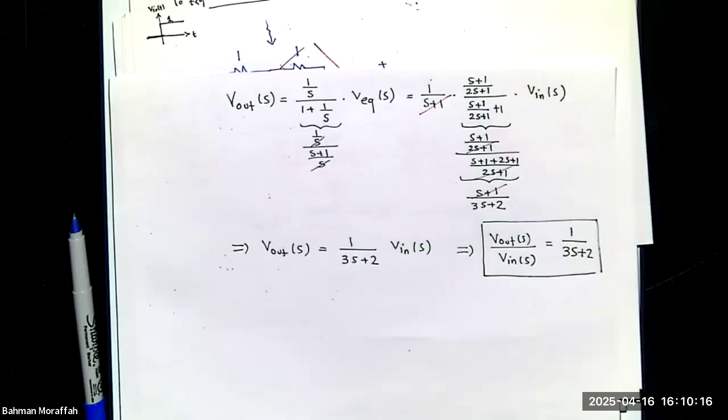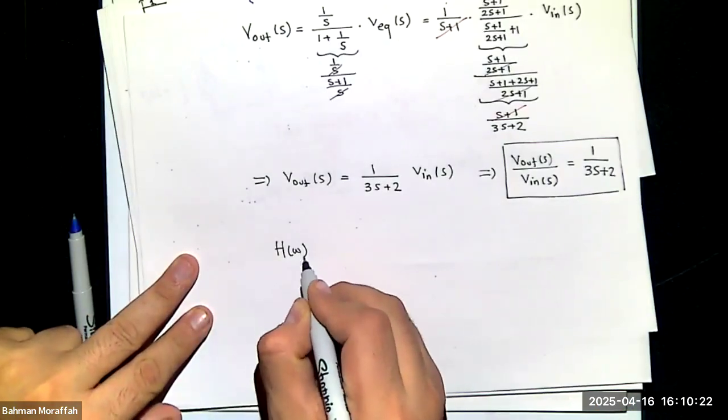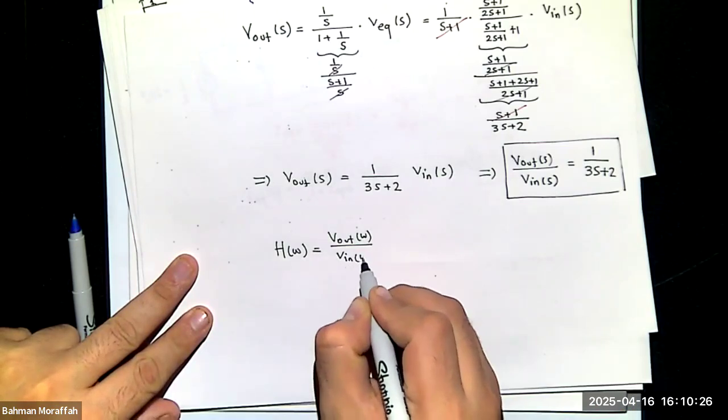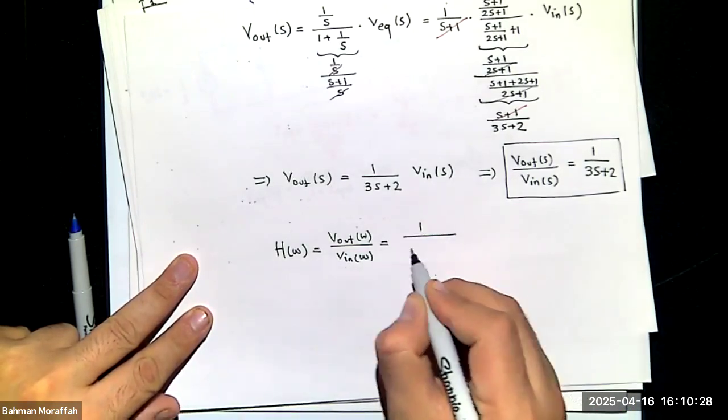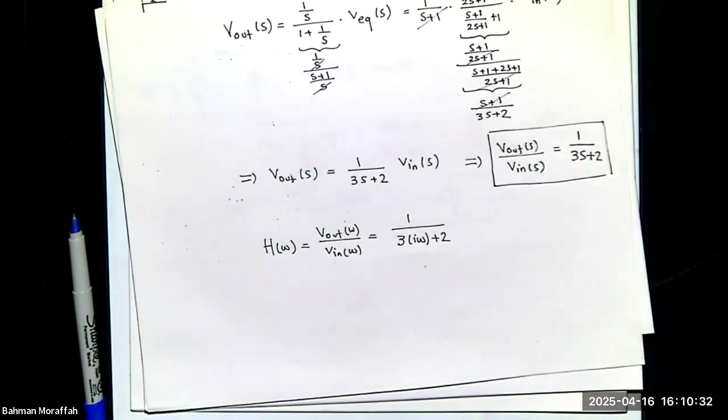I can plot it. Right? Remember, S is j omega. So H of omega is Vout of omega divided by Vin of omega, which is 1 over (3 j omega plus 2). How do we plot it?